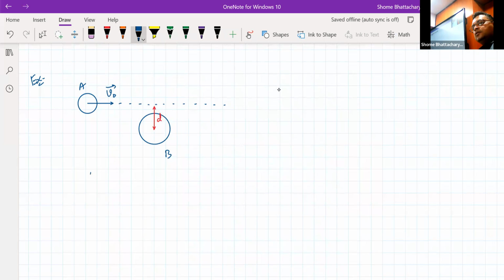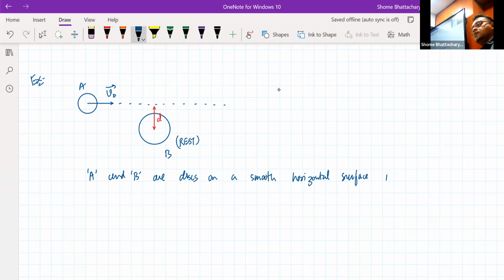So now again, A and B are discs on a smooth horizontal surface. So this one is at rest initially, which makes an oblique collision.